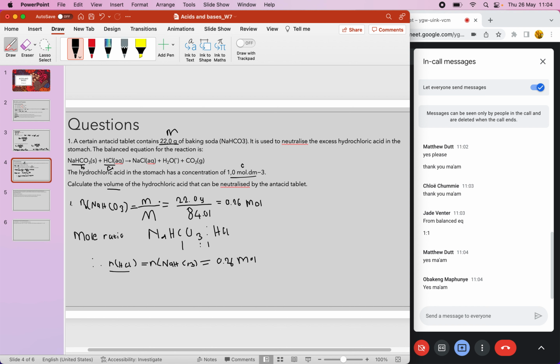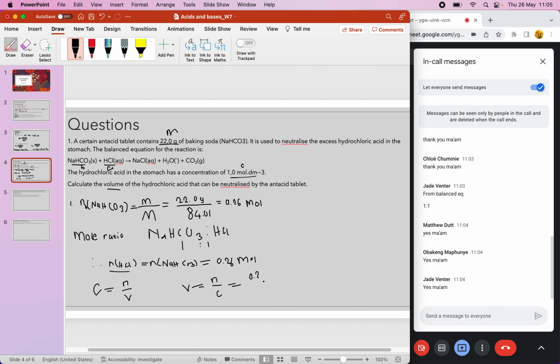Okay, great. So now we're looking for the volume of hydrochloric acid, meaning the formula we're going to use is concentration equals the number of moles divided by the volume. We have the number of moles and the concentration, so we can make the volume the subject of the formula: number of moles divided by the concentration. We substitute what we have.